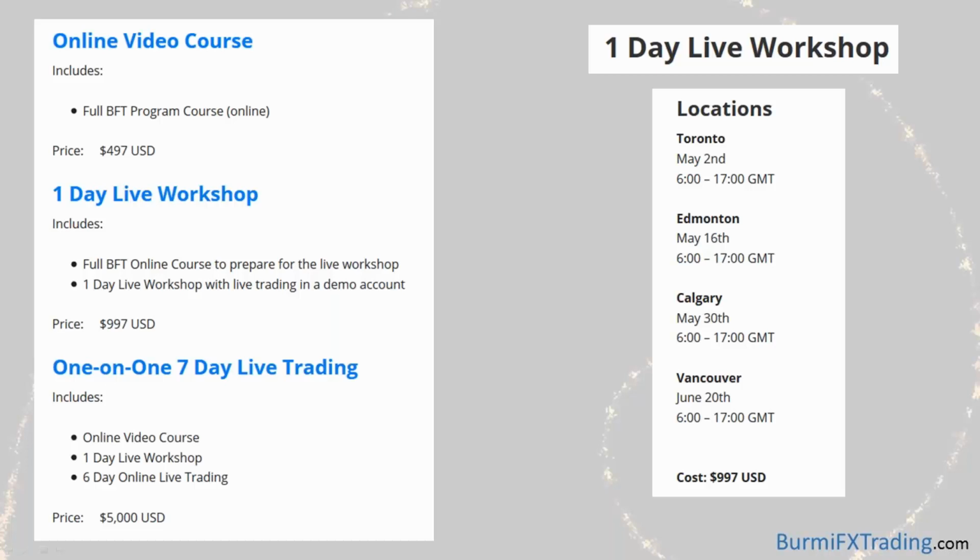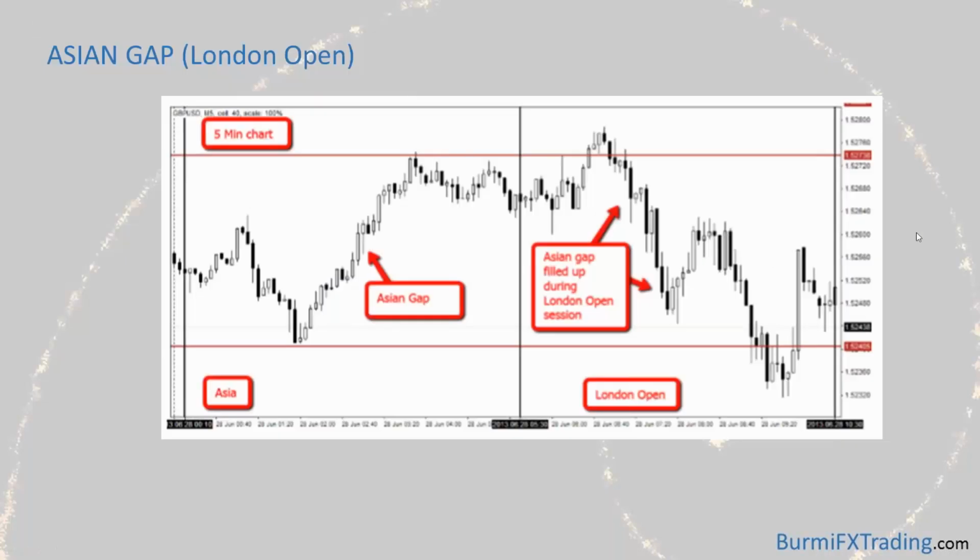Yes, that's a very good question. The reason why you want to trade with a commission-based broker is, let me show you an example. Let's look at this area here.